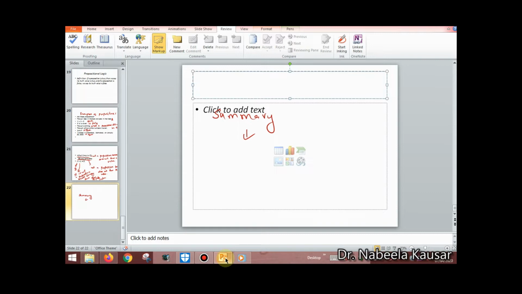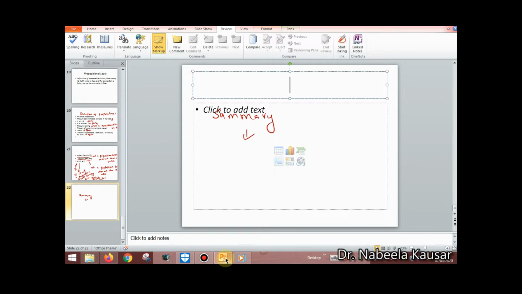The important thing to remember is that it has either a true or false value, but it cannot be both true and false. Then we will discuss different examples of propositional logic.